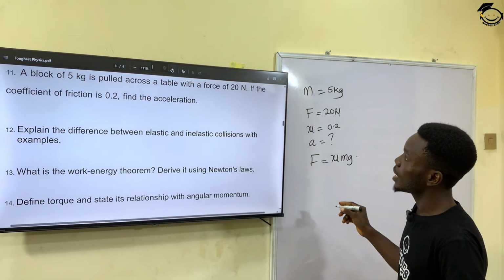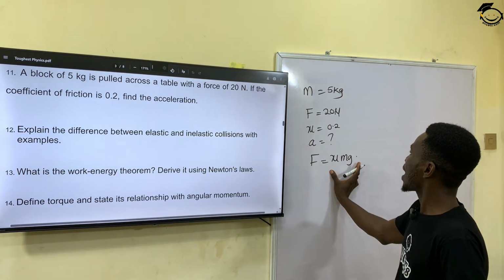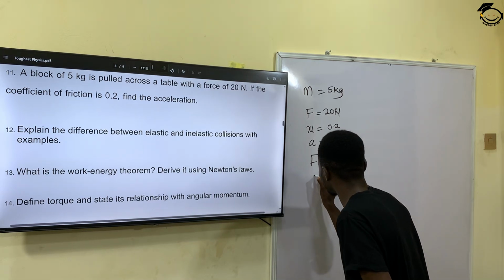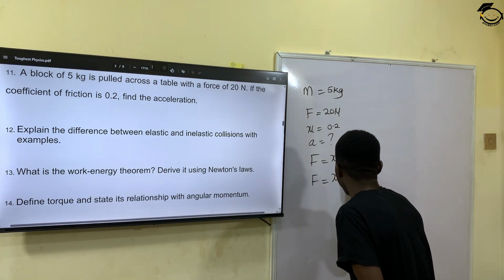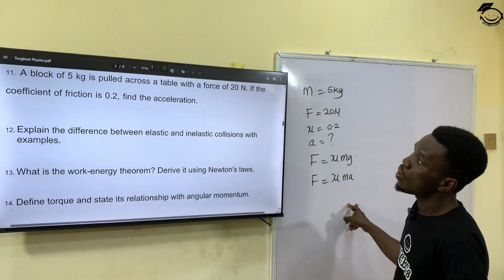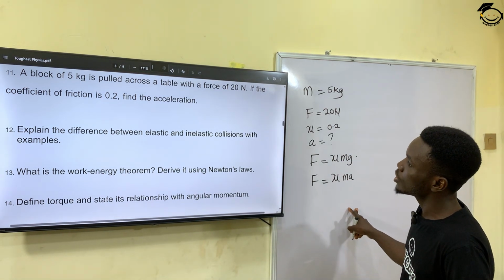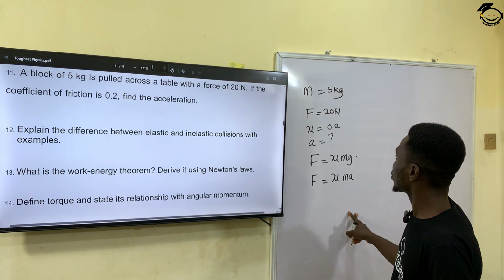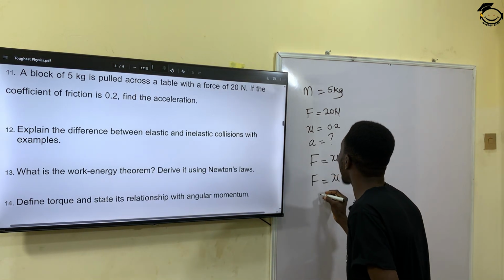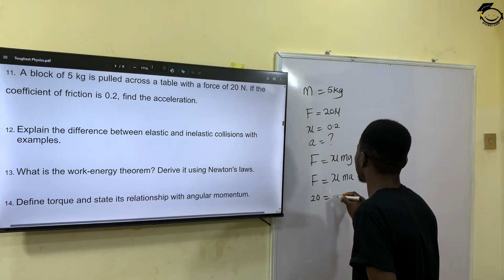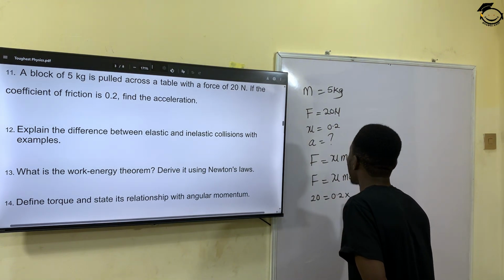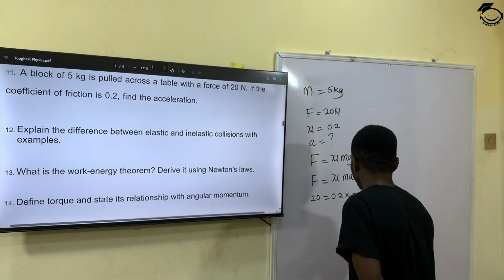This can be written as saying that my frictional force is equal to mu ma. So we have to find the acceleration of the body. This is the same thing as saying that I have 20 is equal to my mu, 0.2, times the mass, 5, times A.